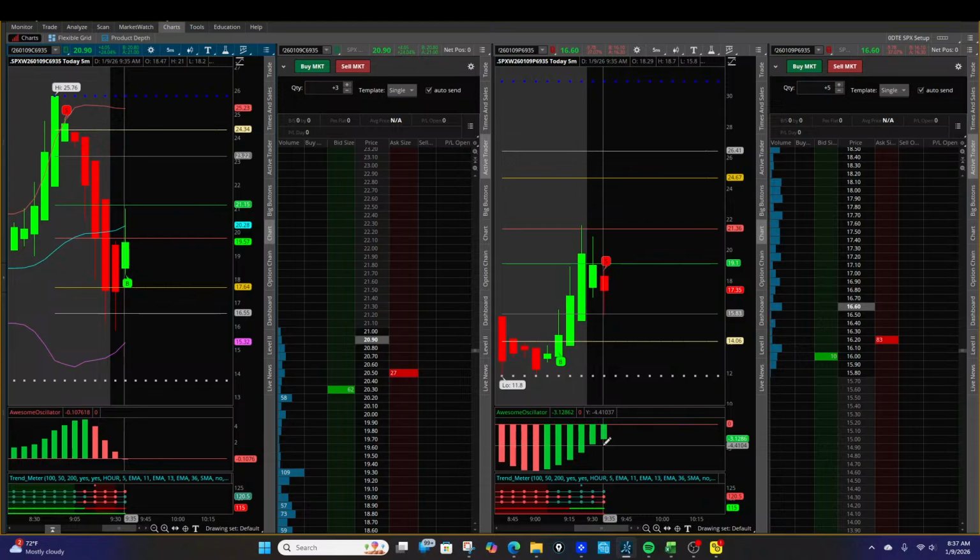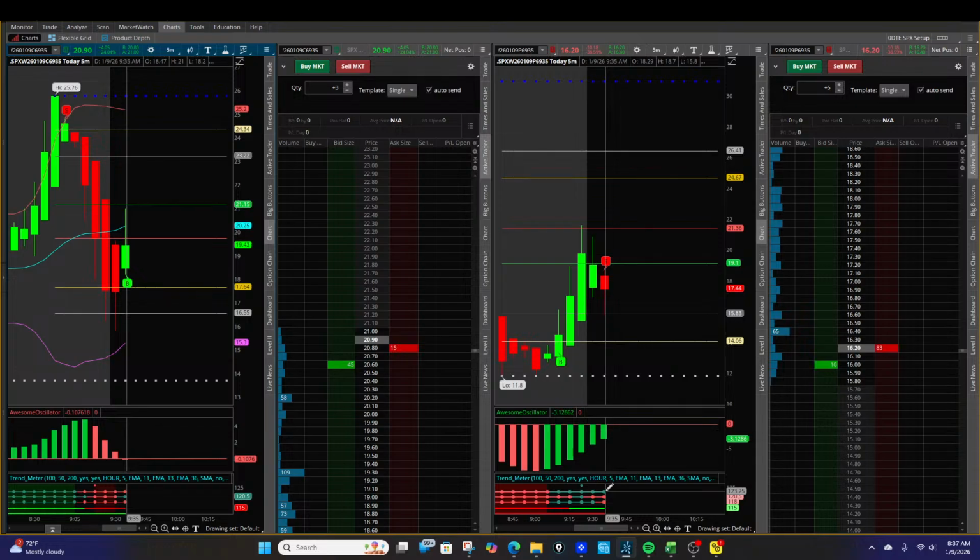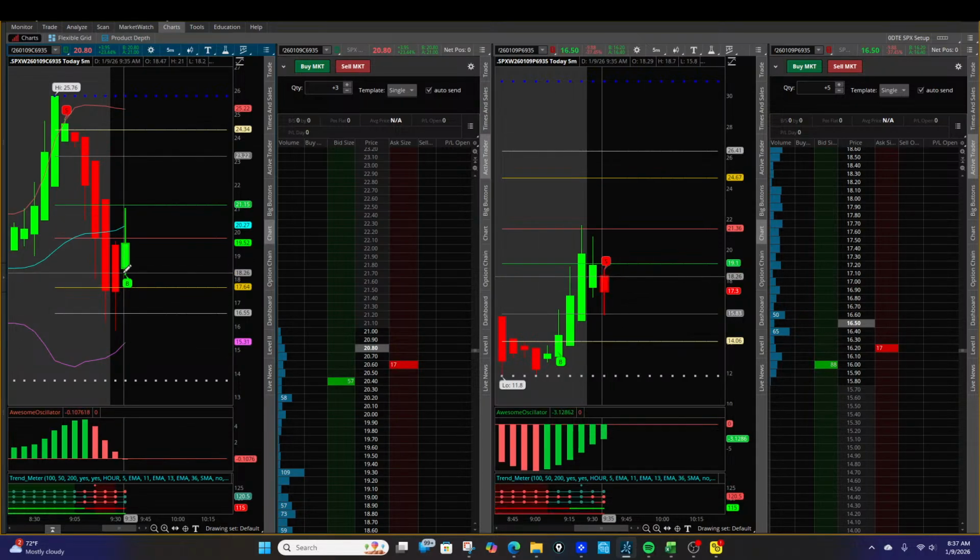Here we have in the awesome oscillator, we've got a green bar and one green dot on trend meter. So we're just waiting to have a buy signal. This one over here, we'll probably wait for a pullback.